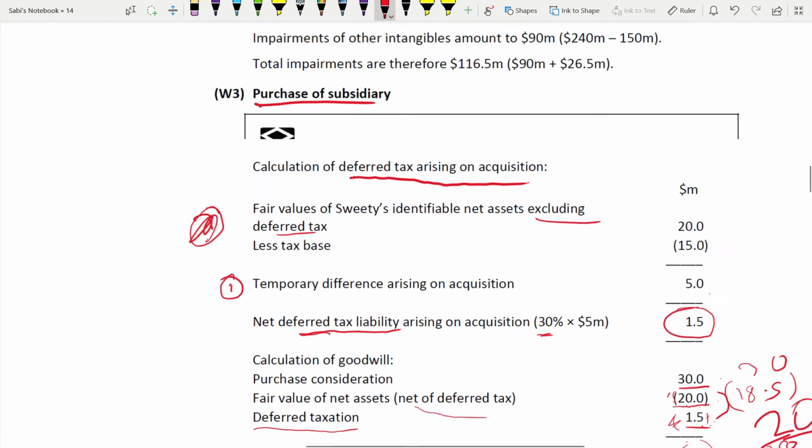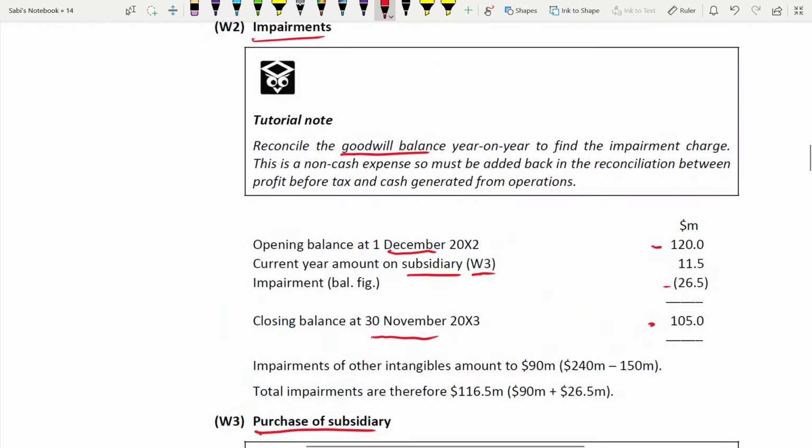So hence this goodwill now you can use here. You can see this goodwill 11.5. Then 120 plus 11.5 minus 105, the balance is the impairment, 26.5. Okay. Now what is next? These two lines.